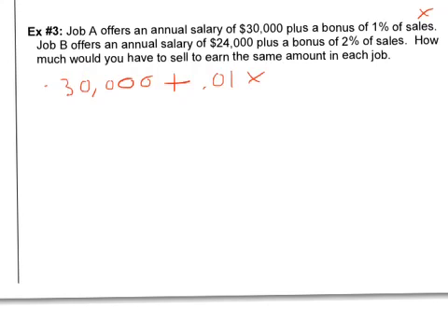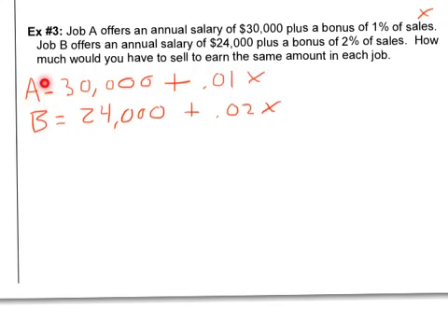This would be the total salary for job A. The second job, job B, offers an annual salary of $24,000 plus a 2% bonus of sales. And it says, how much would you have to sell in order to earn the same amount in each job?